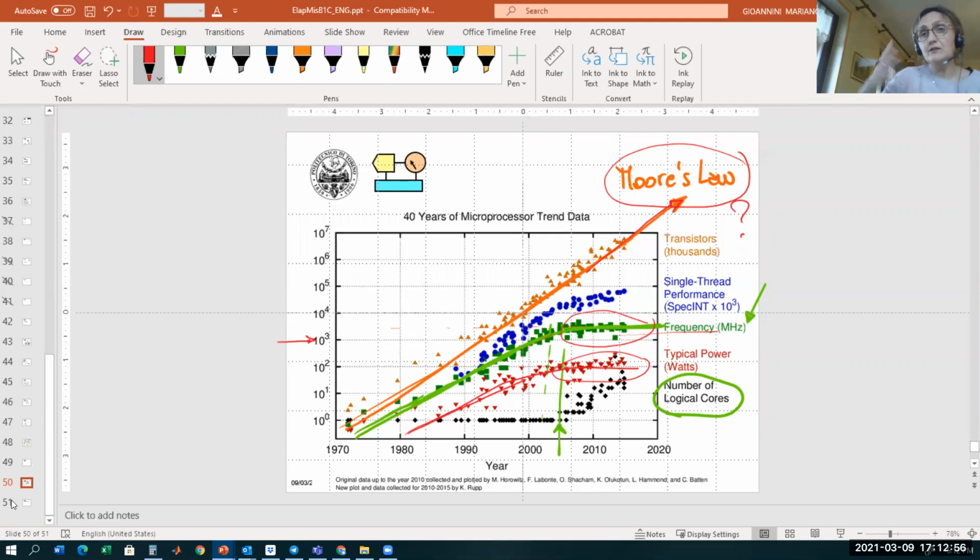You are a bit farther, it's about 2.5 gigahertz. It's difficult to go faster than this. And indeed, it's the actual frequency of the processors. Other questions?